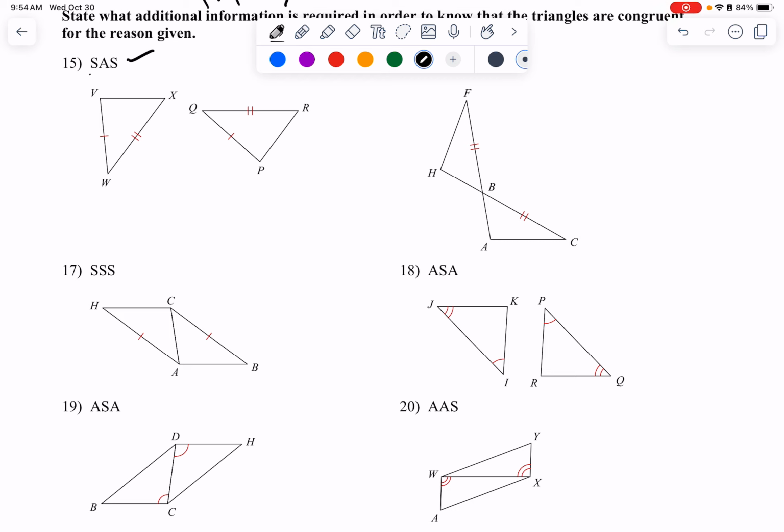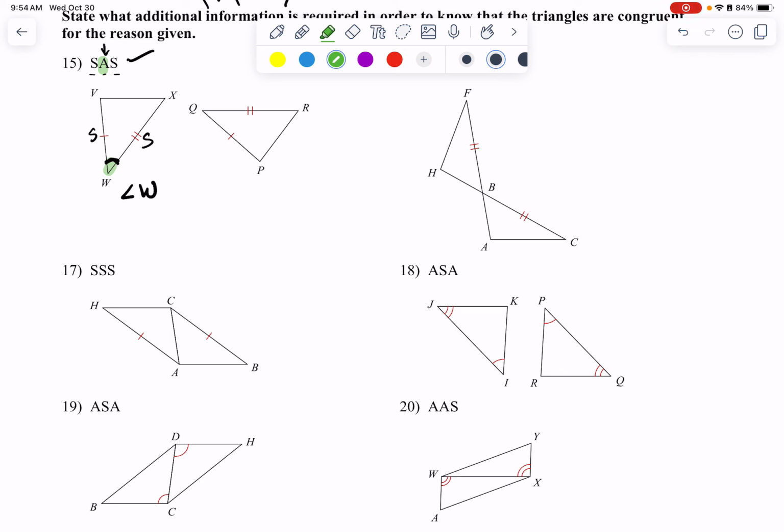So if I need side, angle, side, well, I have 2 sides. The missing angle is in the middle between the 2 sides. So that would be angle W from this one is missing. Let's highlight it right there.